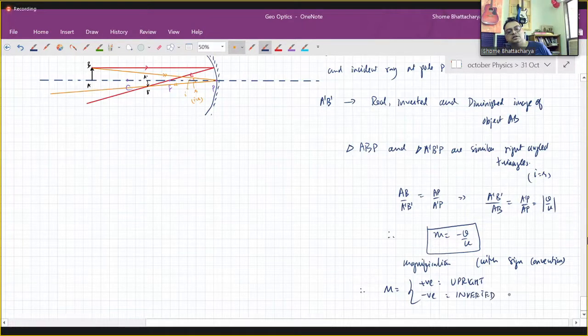So in the case of mirror, you will see that inverted means that it is real, upright means that it is virtual. Okay. And magnitude of M is greater than 1 means that it is magnified, and magnitude of M is less than 1 means that it is diminished.